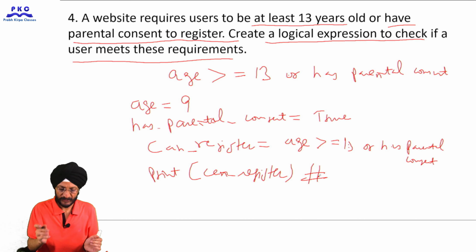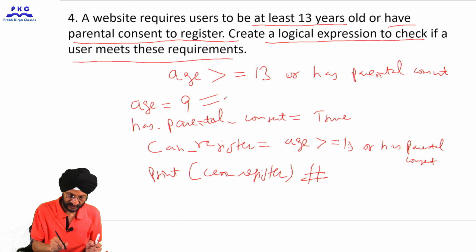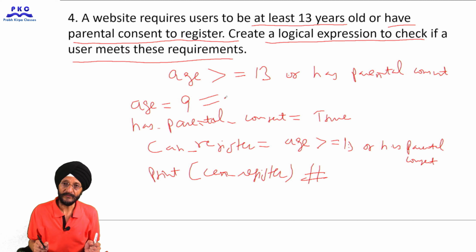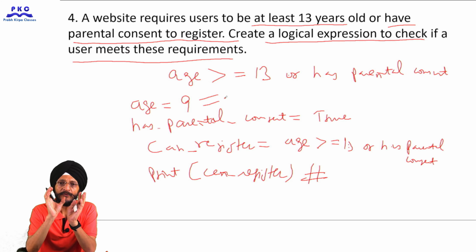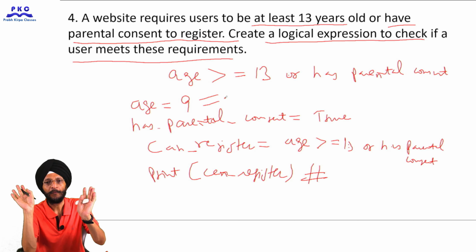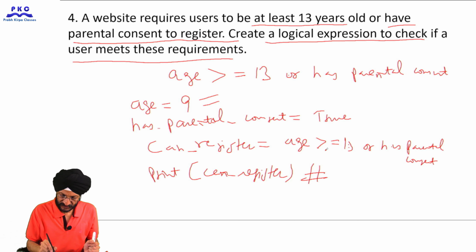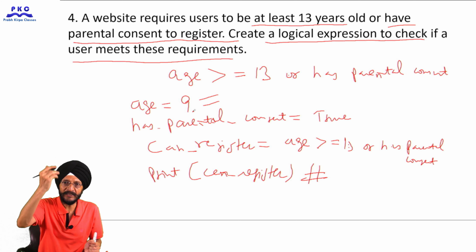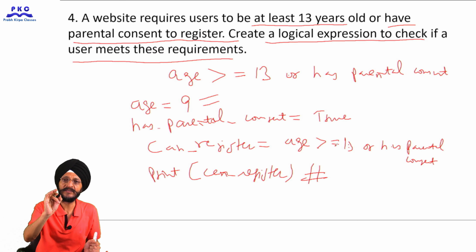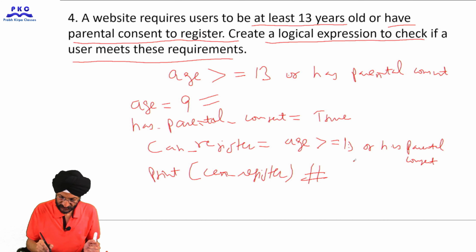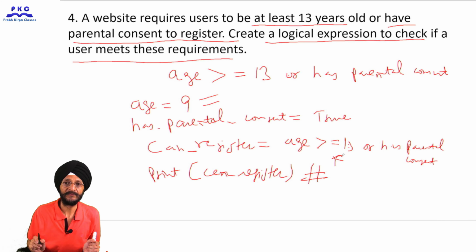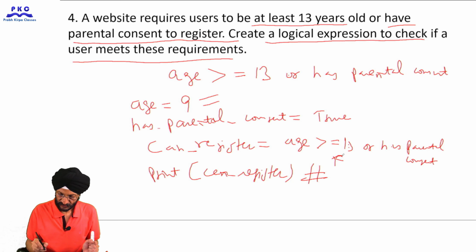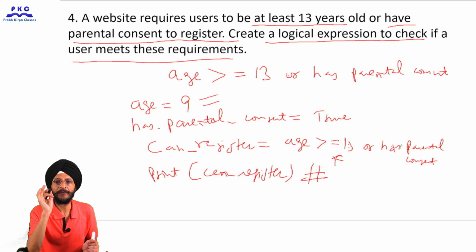It will evaluate both the conditions. What is the age? Age is 9. As already told, in the case of the OR operator, any of the conditions has to be true so that the overall result is true. So here age is 9. But what is the condition put forth by the website? Age has to be more than or equal to 13. So the first is false. The first condition has not been met. Next is, or has parental consent.